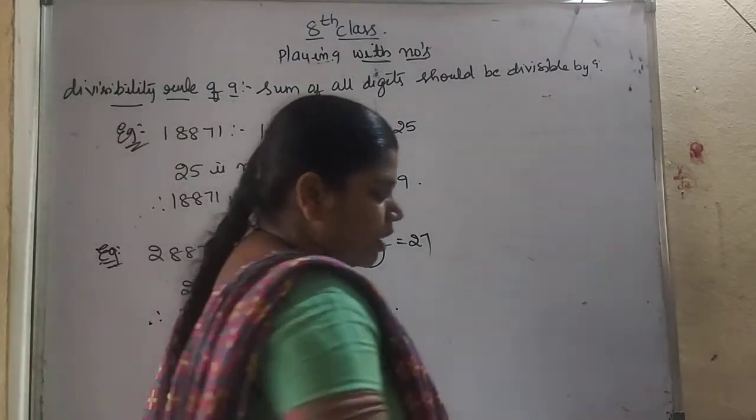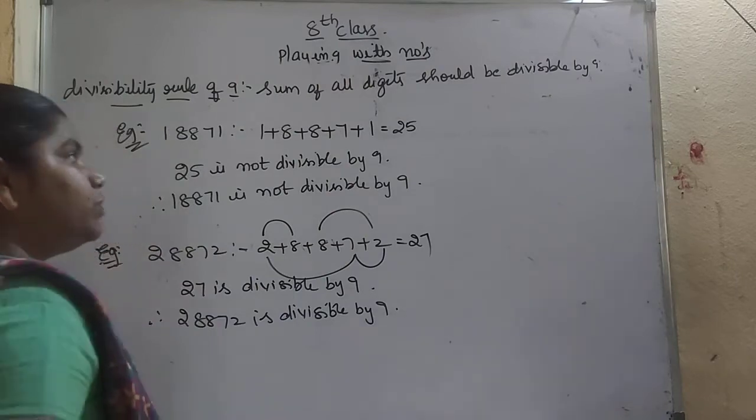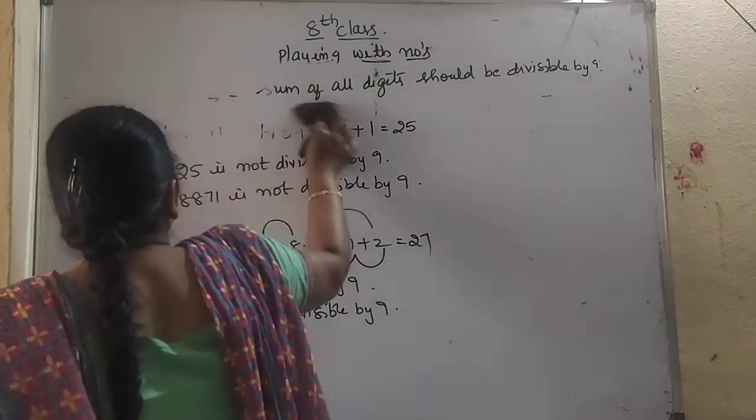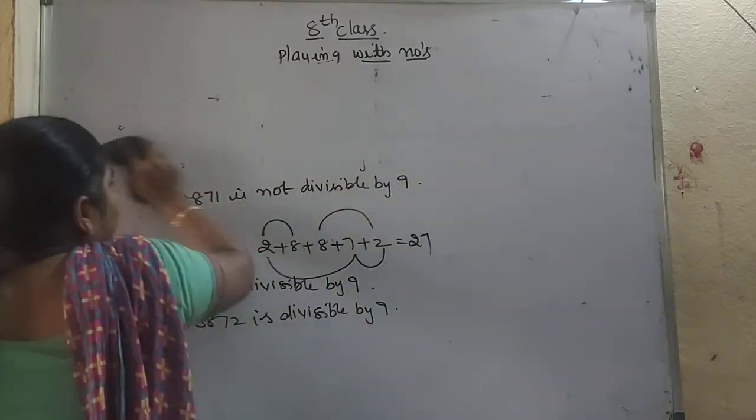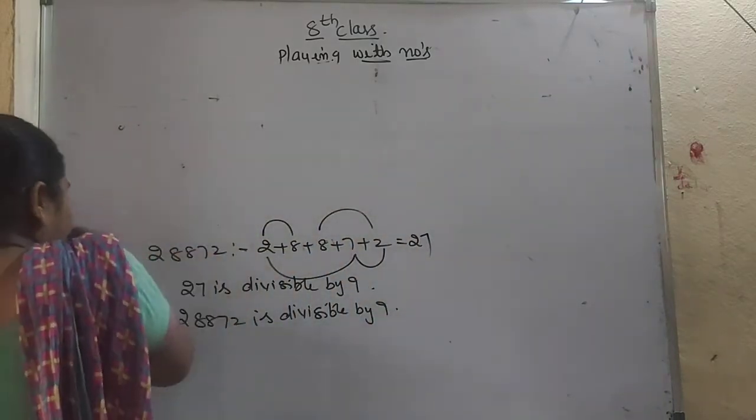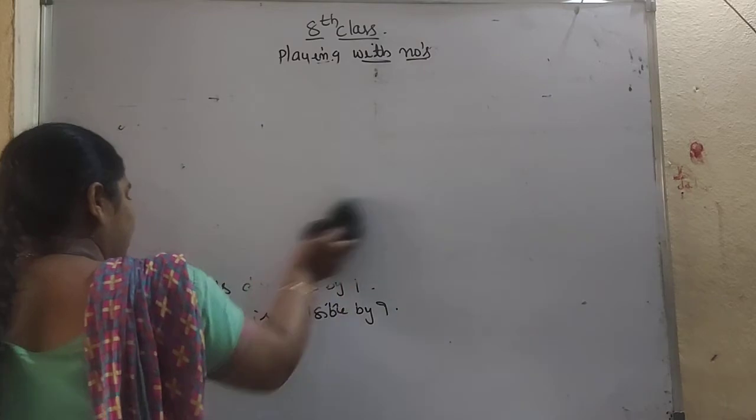So you know already about divisibility rule of 10. What is divisibility rule of 10? The last digit should be only 0. So if you are seeing the last digit as 0, we can say that it is divisible by 10.